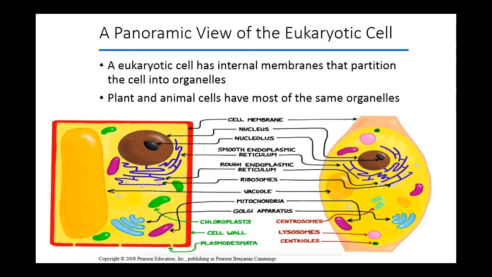Unique to plants are chloroplasts, a rigid cell wall, and plasmodesmata, those holes in the cell wall for things to get in and out. Unique to animal cells are centrosomes, lysosomes, and centrioles.